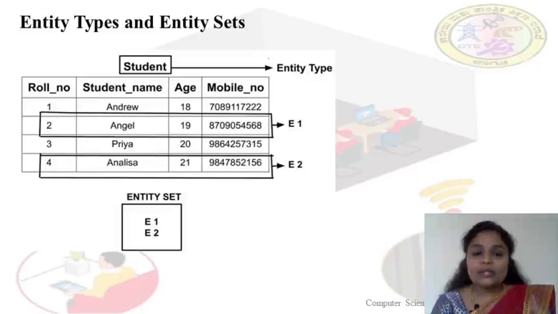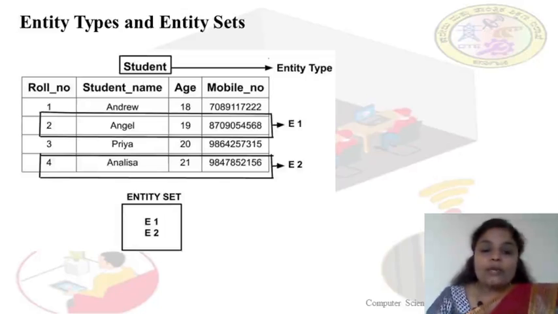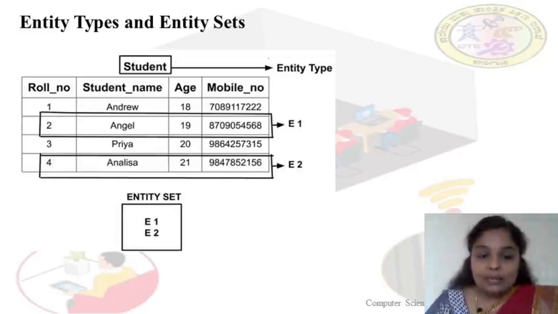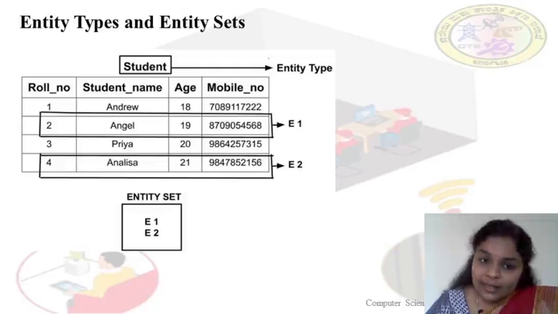Then what is this student? Student is the entity type. Meaning to say, the data whatever is written in this table constitutes student. Is it representing course? Is my data inside this table saying anything about the course? No. Is it saying anything about the project?